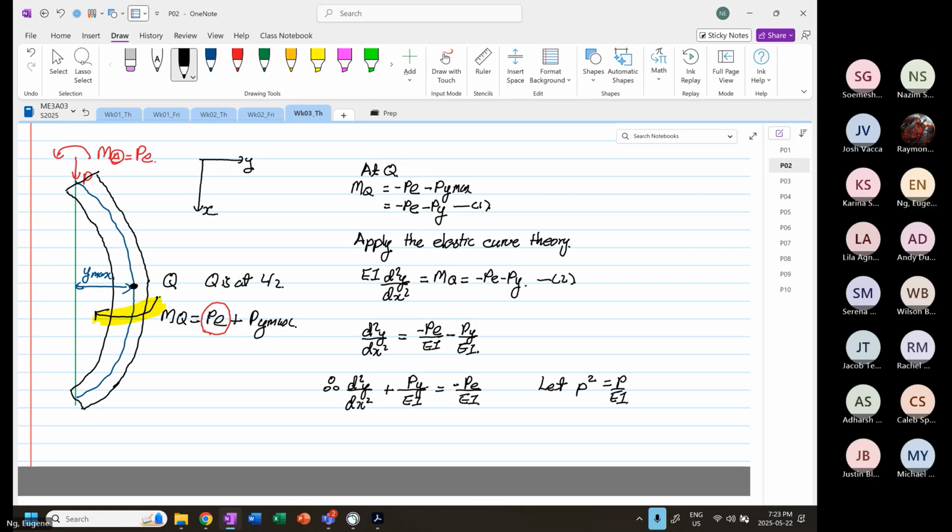So from here, we have d squared y over dx squared plus small p squared y is equal to minus small p squared e.